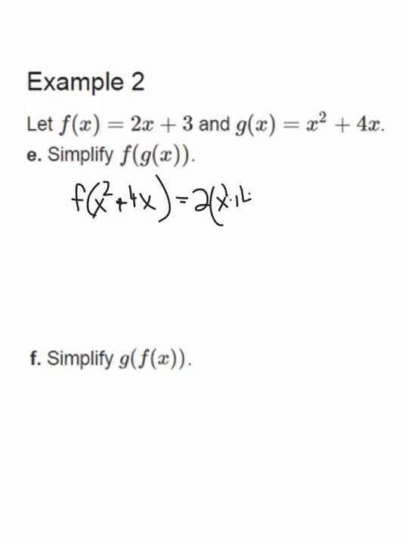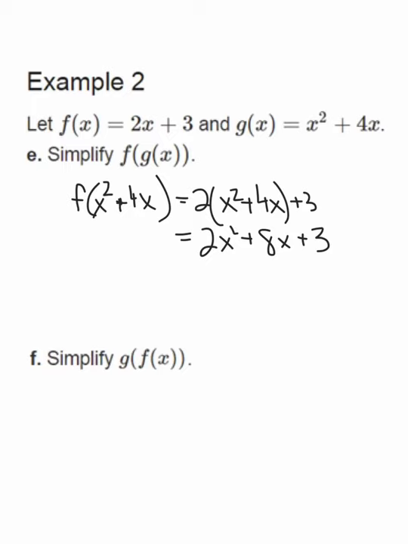Let me try again. That becomes 2 times x squared plus 4x, plus 3. Now we can just expand and simplify this, and there's no like terms to collect, so that's our final answer.